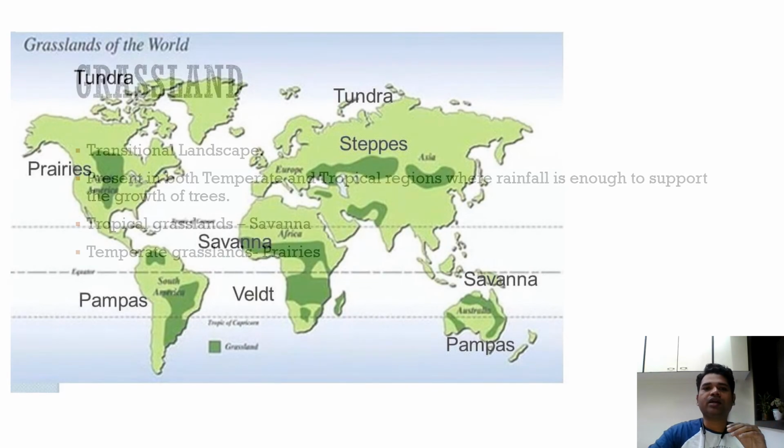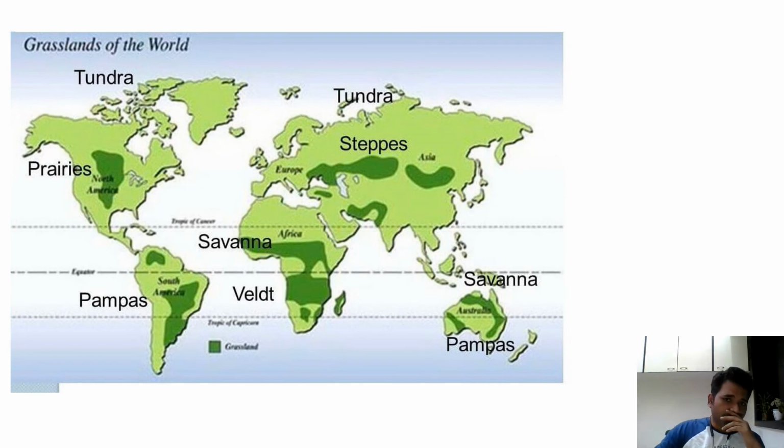Grasslands have certain characteristics. Okay, so we see this is the Tropic of Cancer. This is the Tropic of Capricorn. So this is 30 degrees north, 30 degrees south, and this over here is the 0-degree equator. Wherever in the tropical region there is a grassland, like in Africa, we have the savanna.